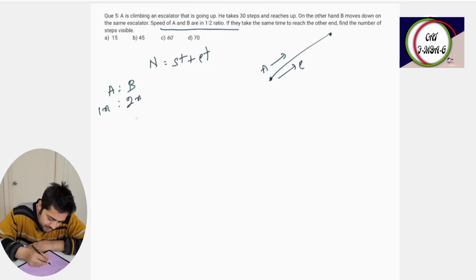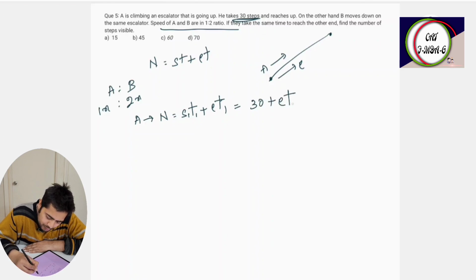Let us take the case for A. N is equal to S1 T1 plus E T1, where S1 T1 is given as 30 steps because A takes 30 steps. So 30 plus E into T1. Now A's speed times T1, x into T1, is equal to 30, so T1 is equal to 30 by x.